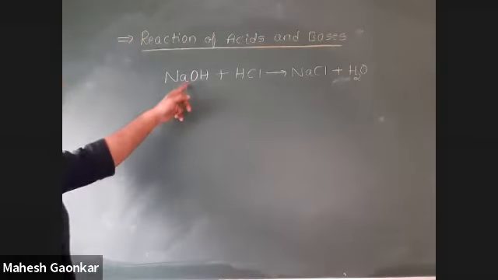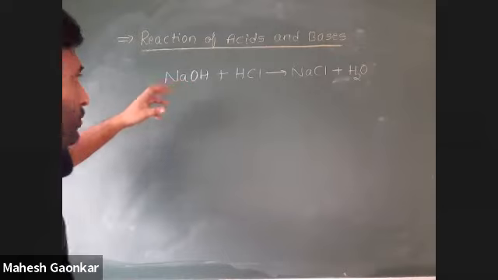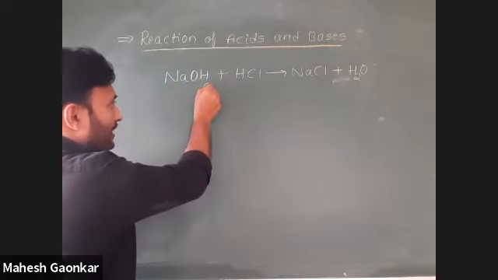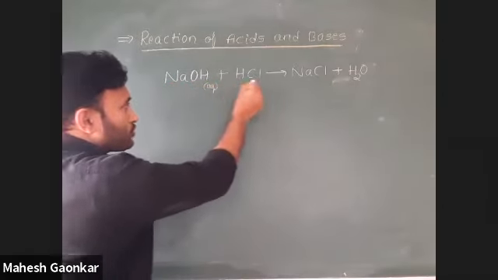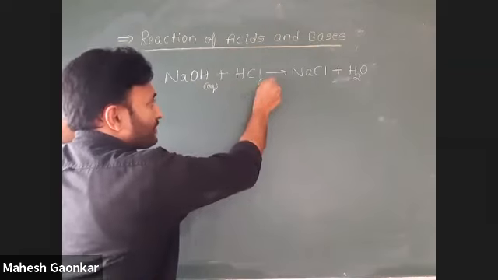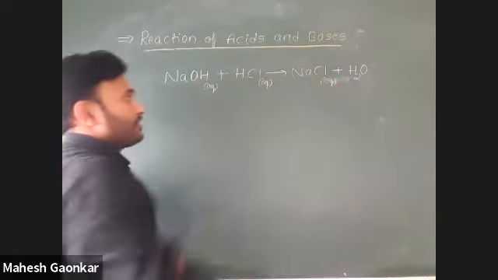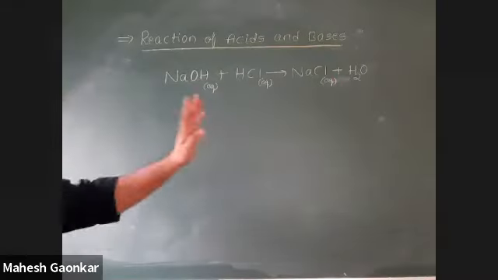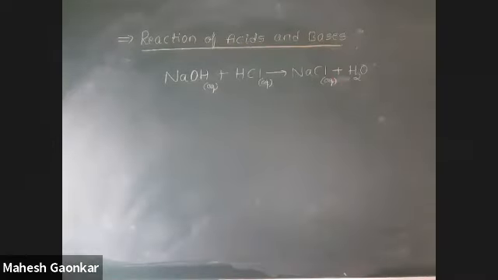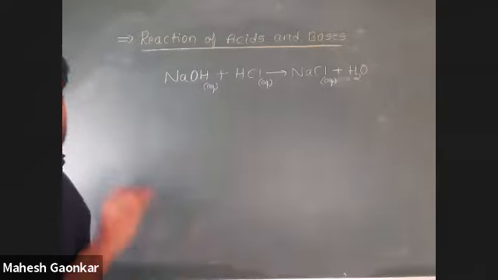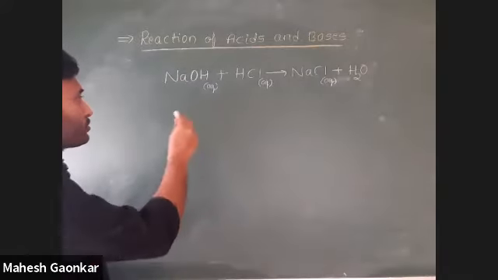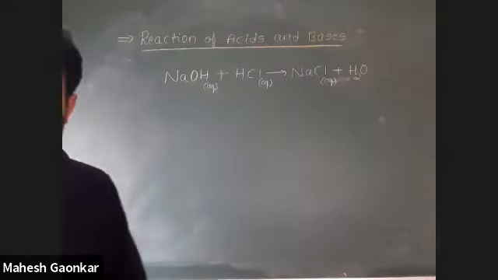Now, when you prepare NaOH aqueous solution, NaOH aqueous plus HCl aqueous gives NaCl aqueous plus H2O. Okay, all these are aqueous solutions. When we prepare NaOH aqueous solution, what happens?